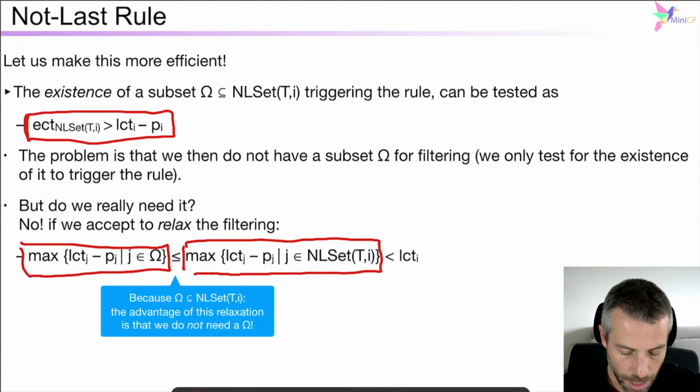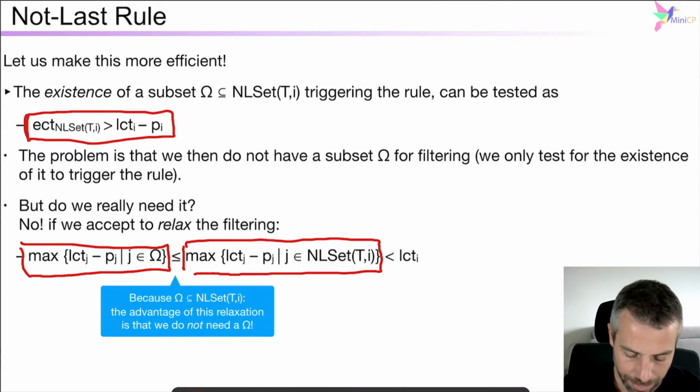But if we take a proper set, a set that includes this set omega, and that will be the case with the not last set, then we will have a weaker filtering, but that's also acceptable, as long as the filtering is valid. And so this is what we will do.